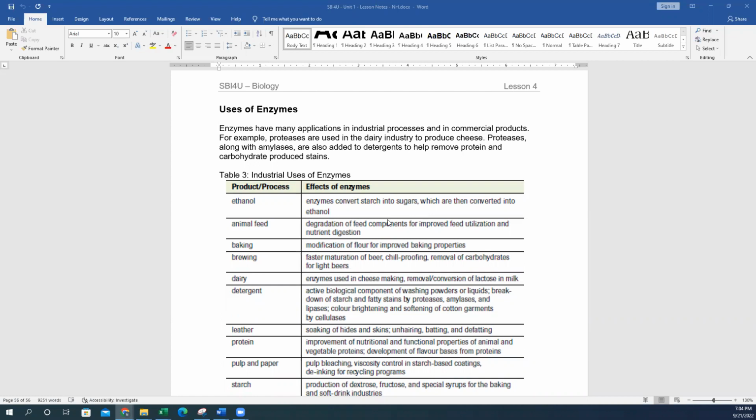So for example, you can have enzymes that are proteases, and they are very useful in the dairy industry in the production of cheese.